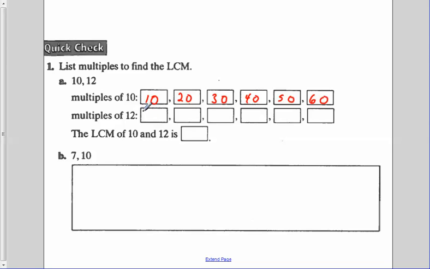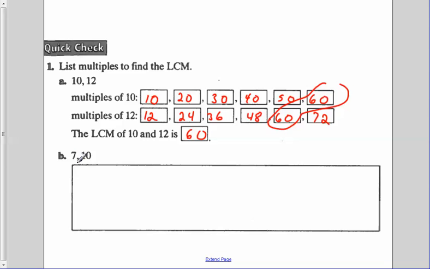And multiples of 12. 1 times 12 is 12, 2 times 12, 24, 3 times 12 is 36, 4 times 12, 48, 5 times 12, 60, and 6 times 12 is 72. So we list it out, and we find that 60 is our least common multiple.